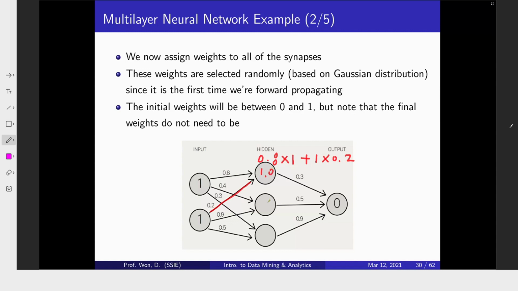Is there anyone who can fill up the value over here using some annotations? The second and third one, for example, how about this? How about here?